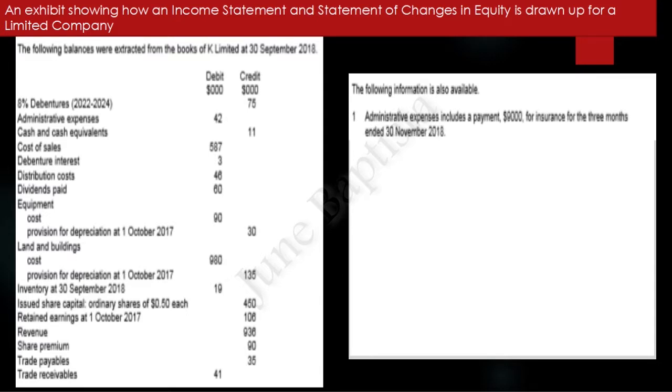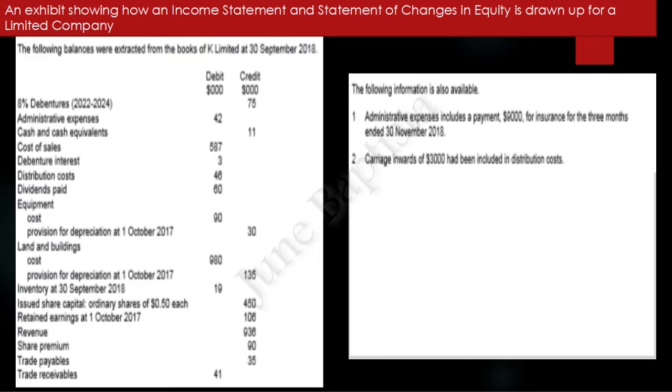Administration expenses includes a payment of $9,000 for insurance for the 3 months ended 30th of November 2018. As the financial year of KA Limited ended at 30th of September 2018, administration expenses have been prepaid for 2 months, October and November.